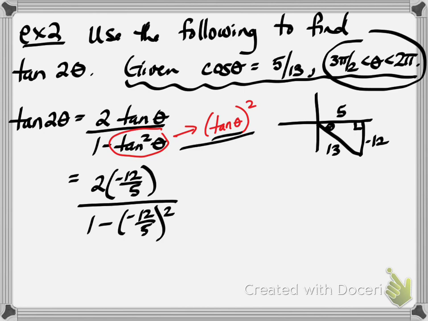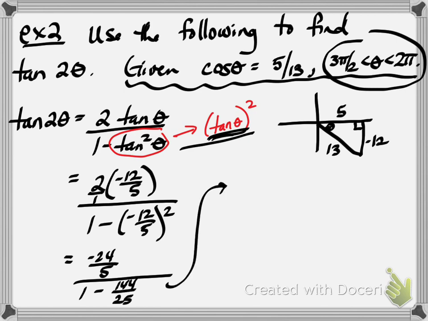In the numerator, you'll put that over 1 and multiply, and in the denominator, you'll square negative 12 fifths. Let's rewrite the numerator and leave it alone. And in the denominator, this 1 minus 144 25ths is the same thing as 25 25ths minus 144 25ths.